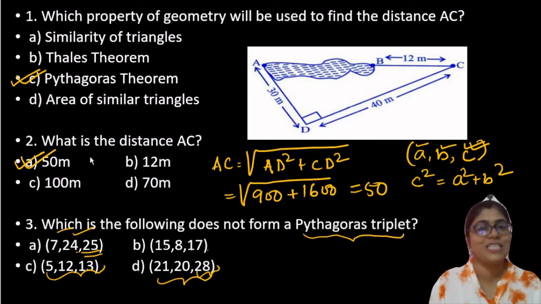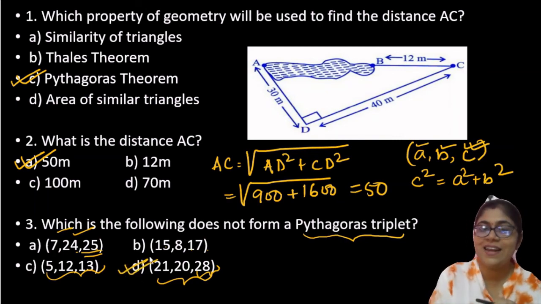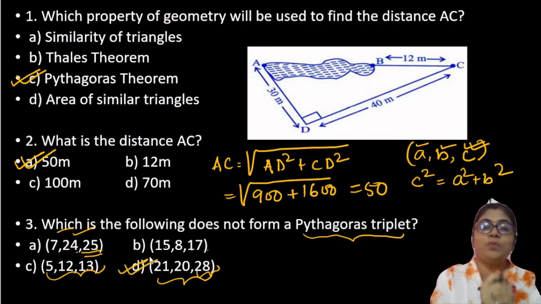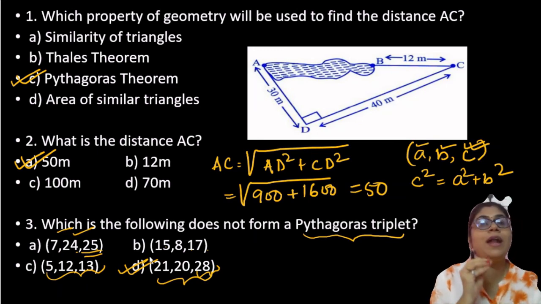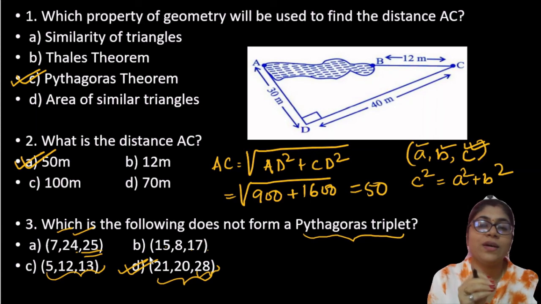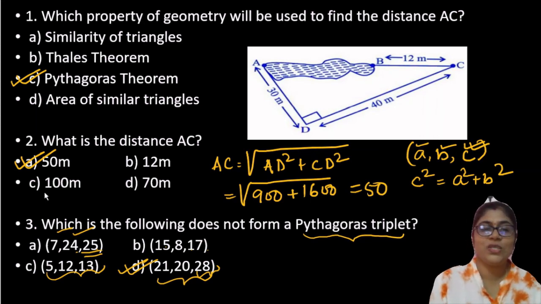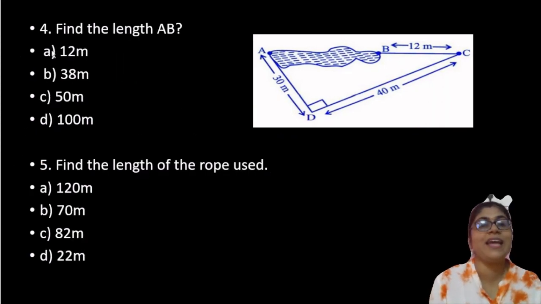So this is not a Pythagoras triplet. So option D is the right answer, or you can say option D, that means 21, 20, 28 is not a Pythagoras triplet. So now let's move to our next question, which is question number 4.